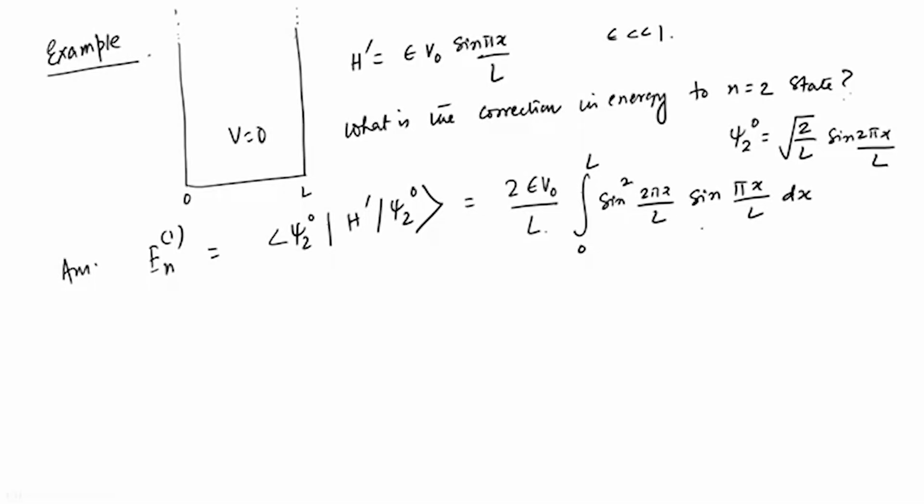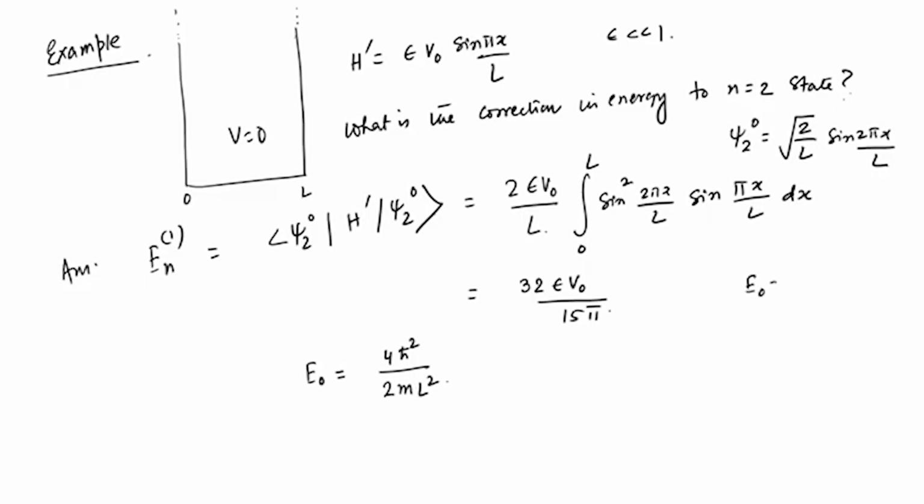If you do this integral by converting the sine square into cosine and so on, I leave that integral to be done by you, and then what you get is 32 epsilon V 0 divided by 15 pi. So, that is the energy correction to the second state.